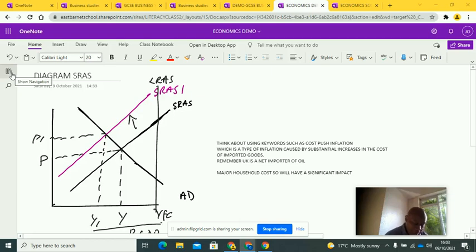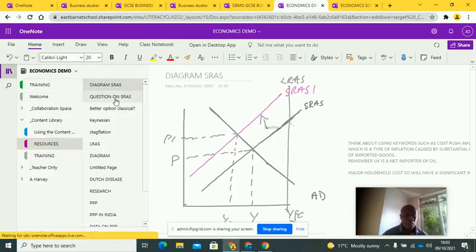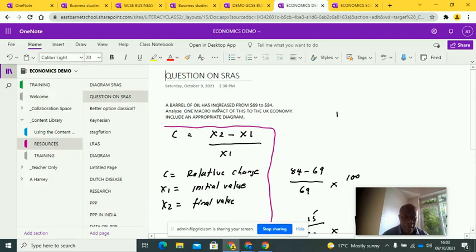If you're going to think about a macroeconomic objective, there are so many you can think about, but think about things like economic growth. Let's go back to the question: a question on SRAS, a barrel of oil, one macro impact to the UK economy.